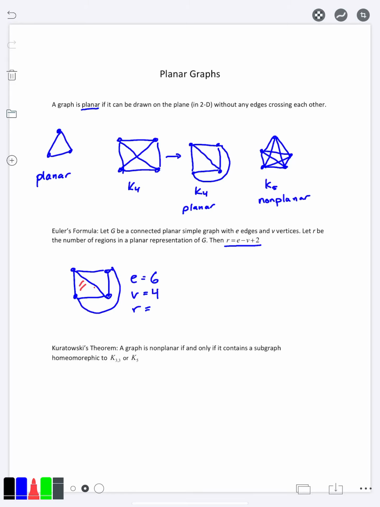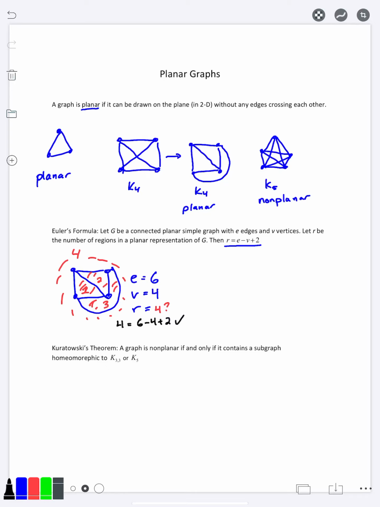So it looks like I have 1, 2, 3, and then the outside region, that is another region, that's going to be 4. And so let's check whether that works here. Is it true that 4 equals 6 minus 4 plus 2? That does check, and we get the right answer.